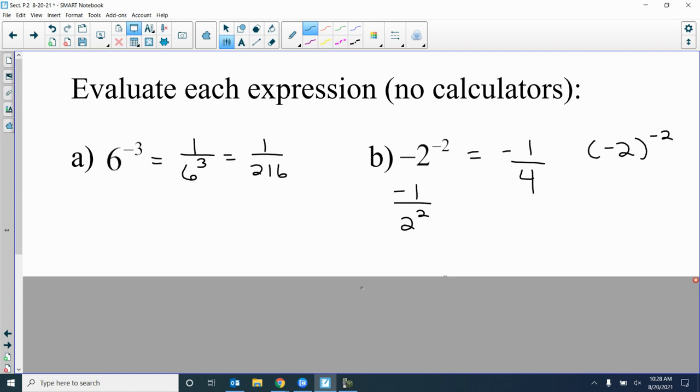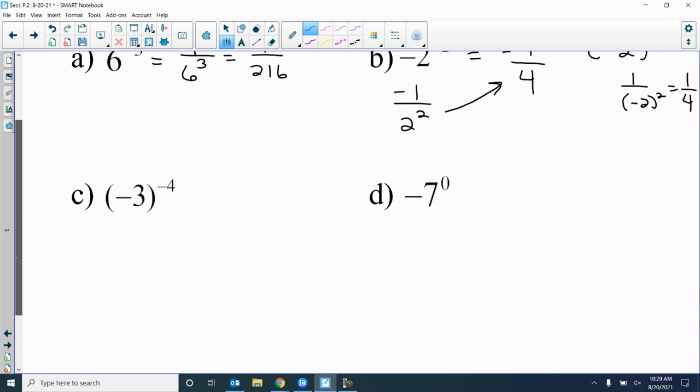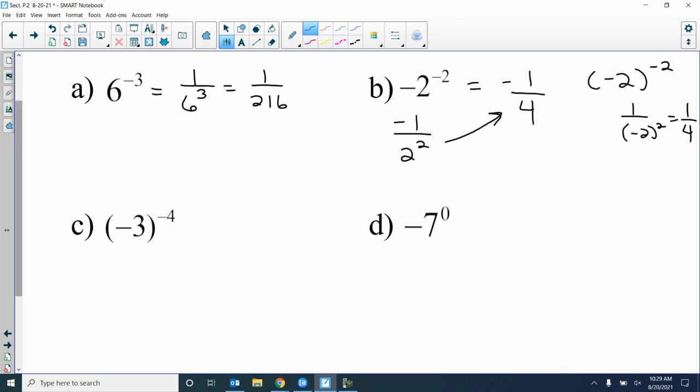The 2 would move down below the square. Theoretically, that negative doesn't move. It stays right where it's at. And so 2 squared is 4. You're going to get negative 1/4. If it was in parentheses, then that would be 1 over negative 2 squared, which would be positive 1/4. All right, take a look at C and D if you would.